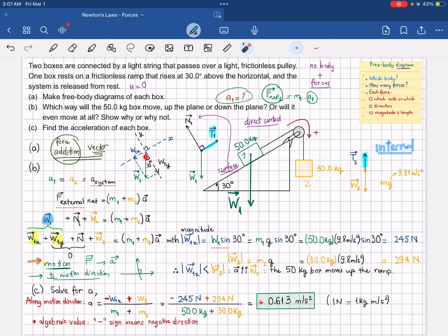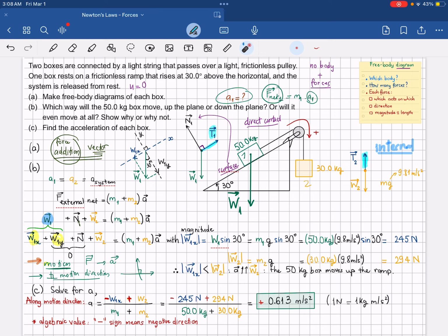Now, coming back to this one, we see that we can analyze W1 into two components: one on the motion direction, W1x, and one in the direction perpendicular to it, W1y. So basically we just analyze W1 into two components.